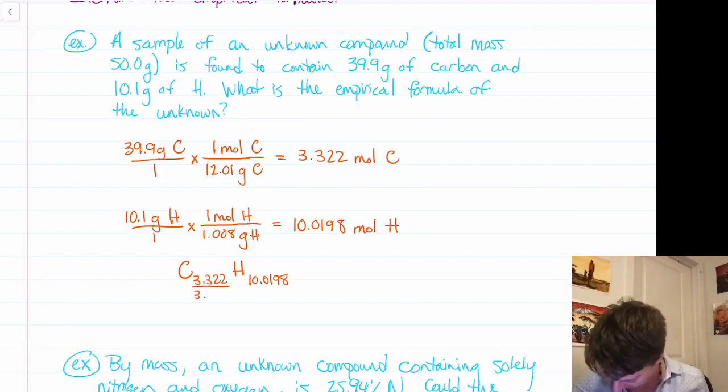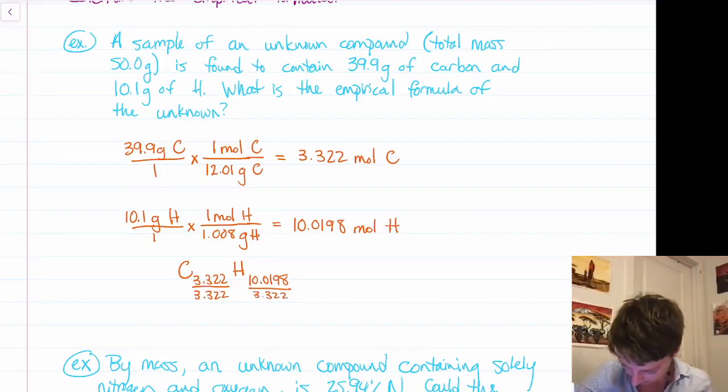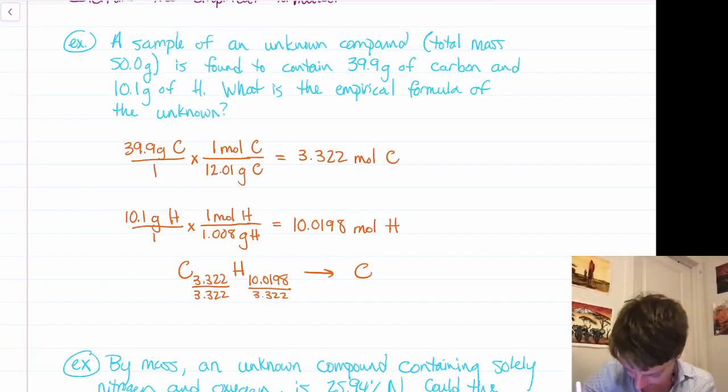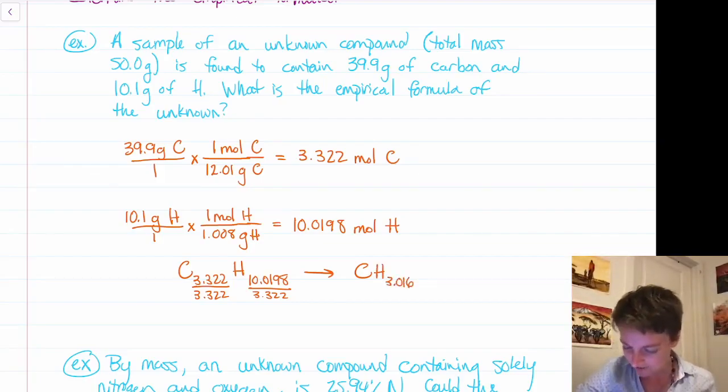So here, if I divide by the smallest number, I end up with C1, and then I also end up with H3.016. And you'll notice that's really close to simply CH3.